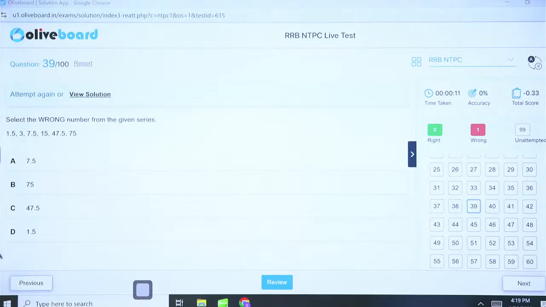What is happening here is 1.5 is being multiplied by 2 to get 3. 3 is being multiplied by 2.5 to get 7.5. 7.5 is being multiplied by 2 again to get 15. 15 is being multiplied by 2.5 to get 47.5. Is it?